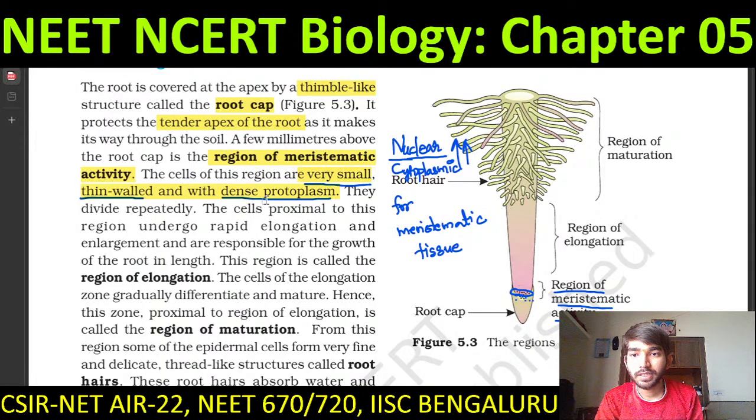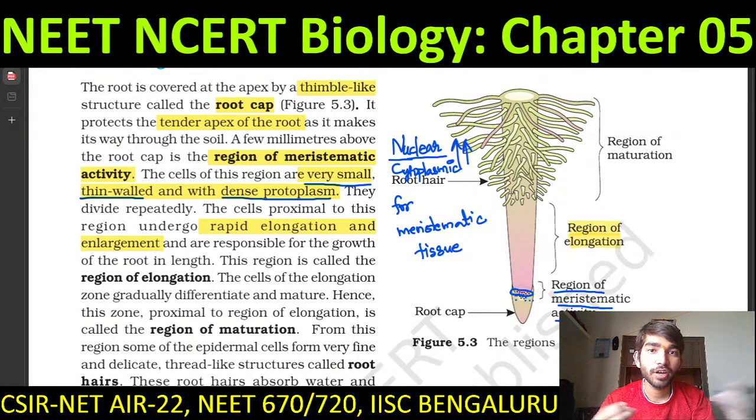They divide repeatedly, as I already explained, and the cells proximal, meaning near to this region, undergo rapid elongation and enlargement. This is the region of elongation. Because these cells are dividing rapidly, now these cells which are above them, they are not dividing, they are maturing.